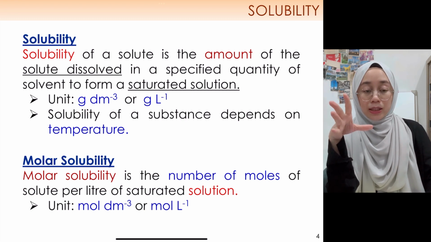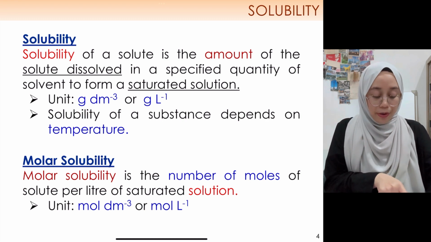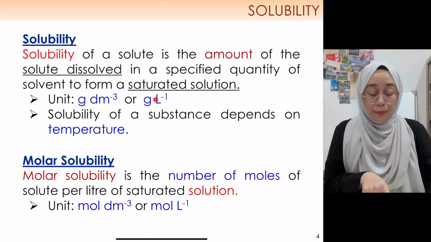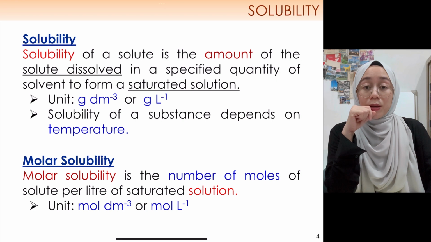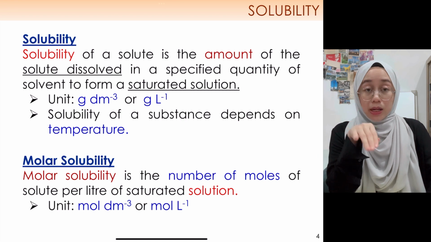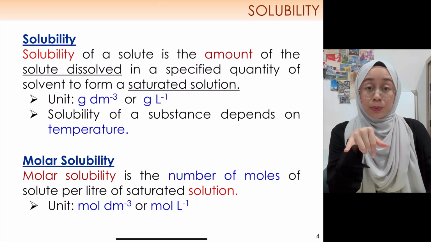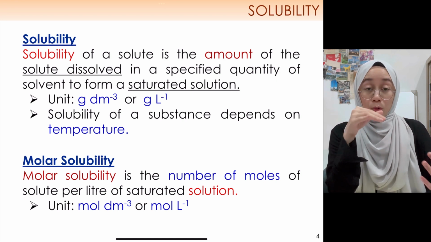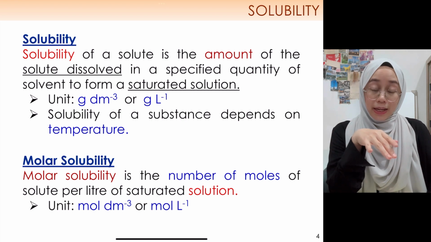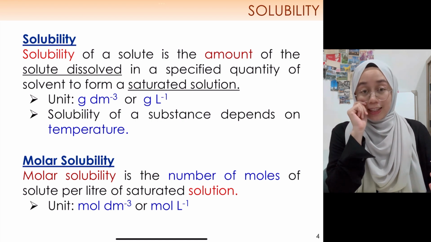Okay, but actually the solubility yang dia bagi tu, it might be dalam unit yang gram per decimeter cube ataupun gram per liter, or it might also be molar solubility sebenarnya soalan tu bagi. So you really have to tengok betul-betul unit yang dia bagi tu adalah dalam bentuk apa sebenarnya. Adakah dia bagi dalam bentuk molar solubility ataupun tidak. Okay, sebab dia ada kaitan dengan calculation kita later on.